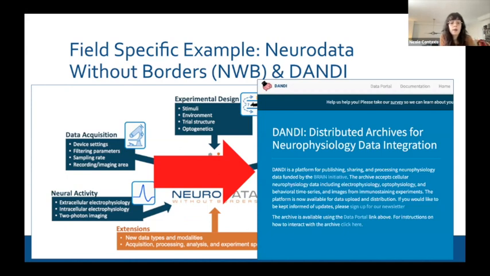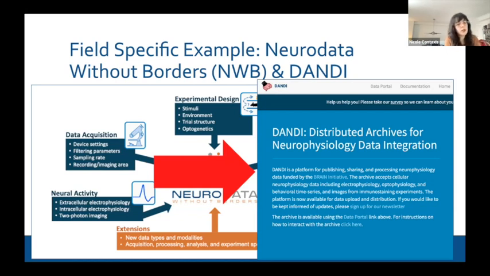Now, one of the things that's interesting about Neurodata Without Borders is that there are repositories, notably this repository called DANDI, which stands for Distributed Archives for Neurophysiology Data Integration. And if you're going to be putting your data into DANDI, you have to use Neurodata Without Borders.